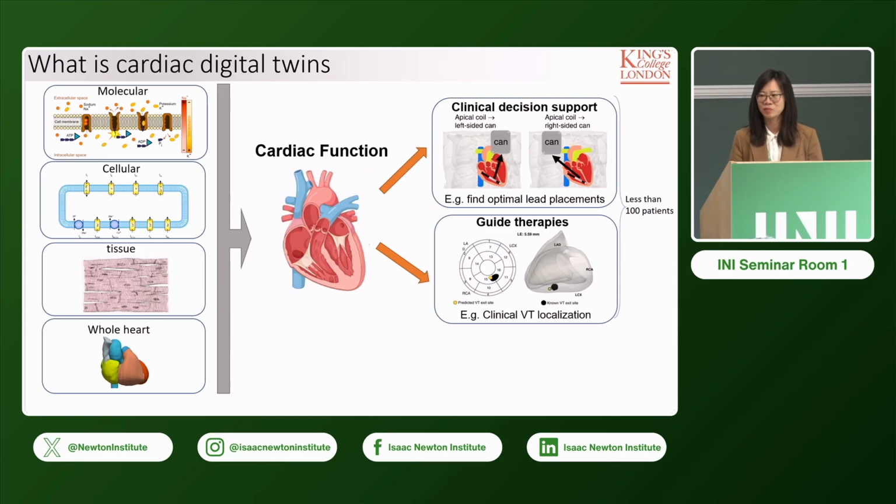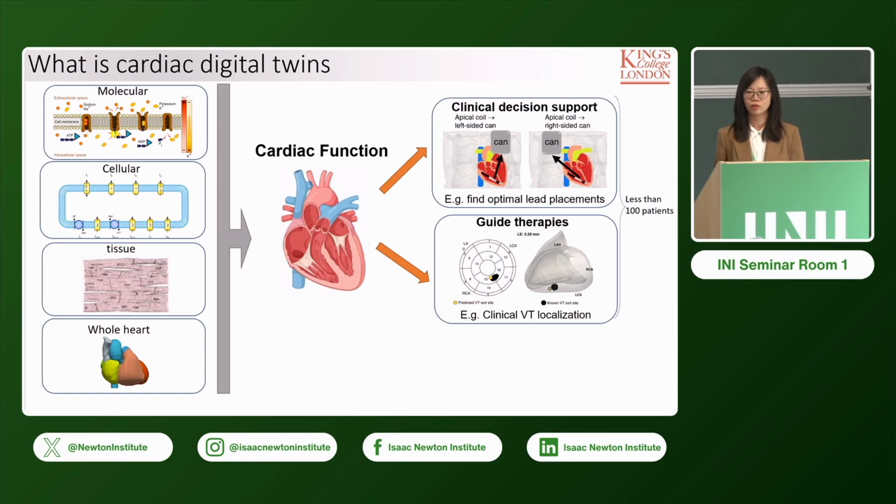A lot of speakers previously have spoken about what a cardiac digital twin is. A cardiac digital twin is constructed from multi-scale knowledge, ranging from the omic molecular level to the cellular level and all the way to the tissue level, and thus provides a biophysical and physiological constraint framework that allows us to conduct various tests, which help to guide therapy and clinical decision making.